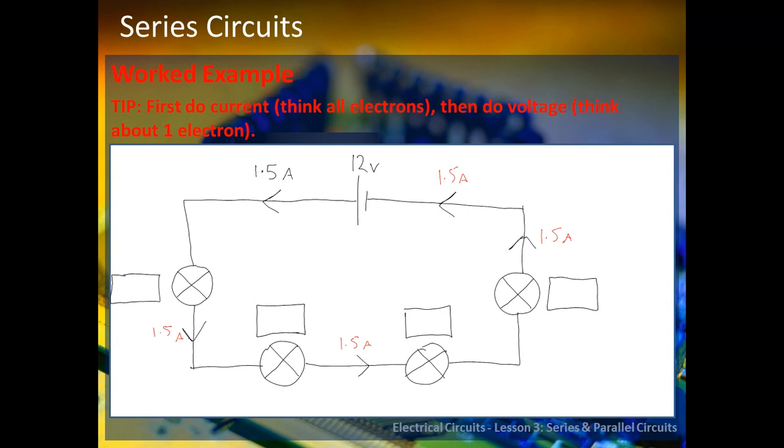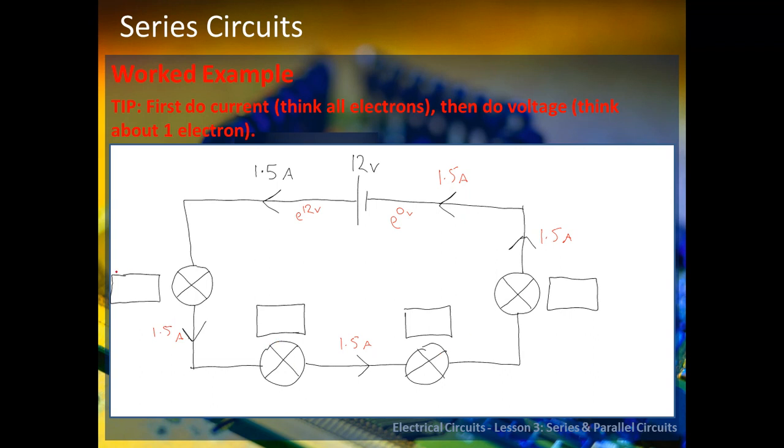Then separately thinking about the voltage, we're going to think about what's happening to that individual electron. So one electron leaving the battery will start off with 12 volts. And by the time it gets back, it's going to have 0 volts. So around this loop, it needs to find places to get rid of those 12 volts. Now, to keep this simple, I'm going to say that these bulbs were all identical.